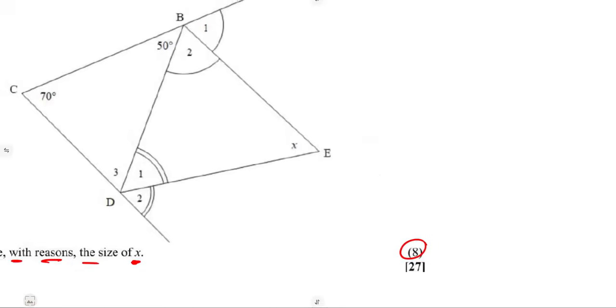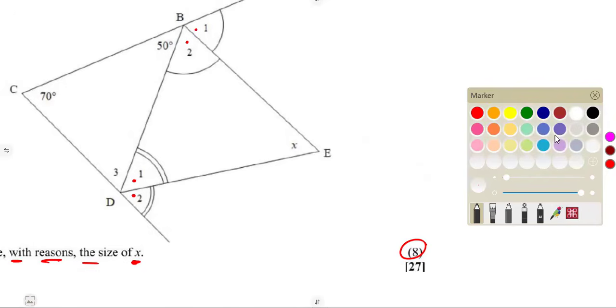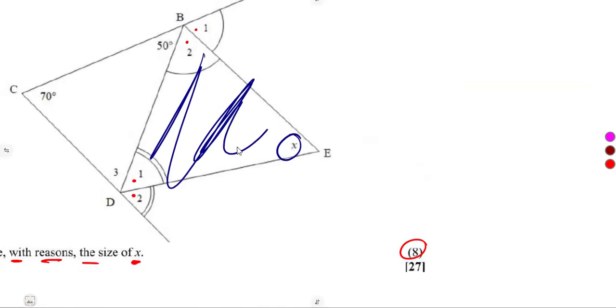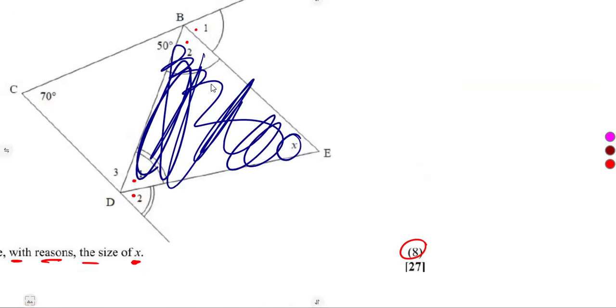Determine with reasons. We are told, guys, angle D1 is equal to angle D2. Angle B1 is equal to angle B2. What can we do to find X? Look where X is. In an isolated triangle where there is no angle inside.